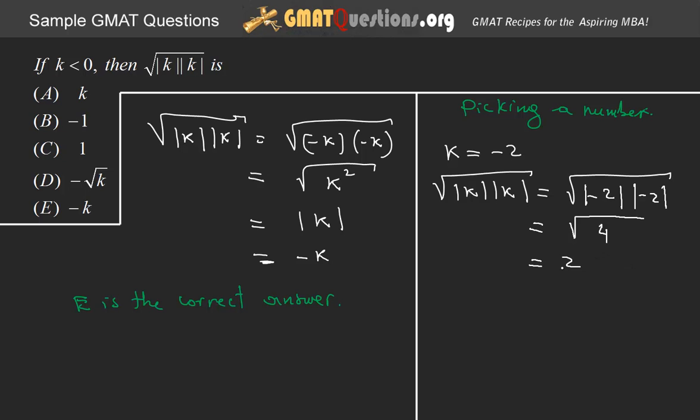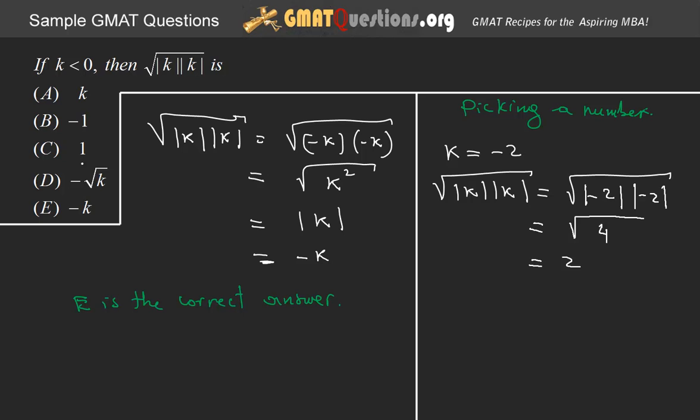Now what we need to do is to compare what we found here with the answer choices. Remember, we said earlier that k was -2. If k is -2, answer A is going to be equal to -2. Answer B is -1. We cannot change that. Answer C is 1.